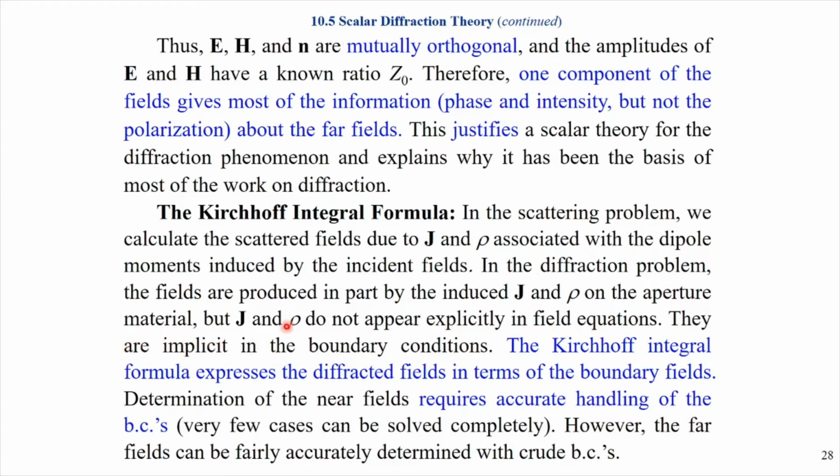So J and rho are hidden in the boundary conditions. So the Kirchhoff integral formula expresses the diffracted fields, once again, in terms of the boundary conditions.